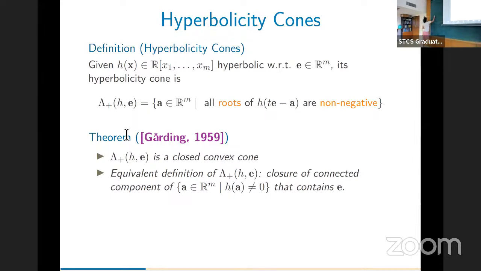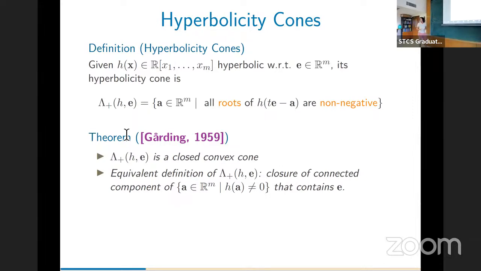There's the center, and this is a polynomial of degree 4, and my E will be here. If I cross any line through E, I have all real roots, like 4 real roots. And as you see over the reals, if I look at the zero set, it partitions my space into some connected components.